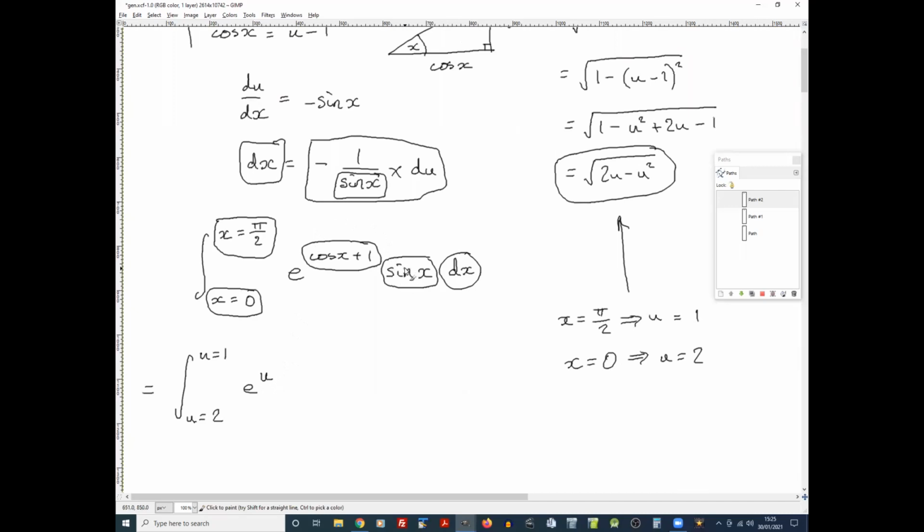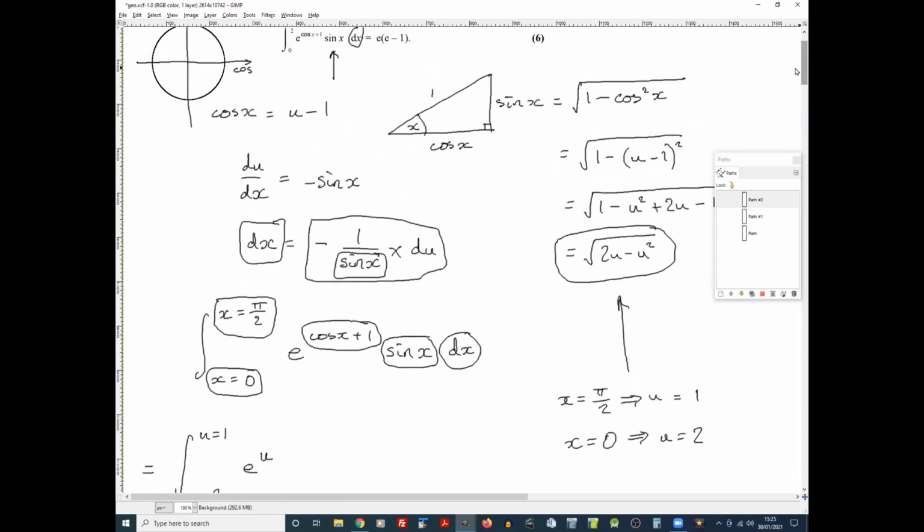What was sine x, did we say, in terms of u? We got an expression for sine x in terms of u, didn't we? It's the root of 2u minus u squared. I said I'm not going to bother using it.